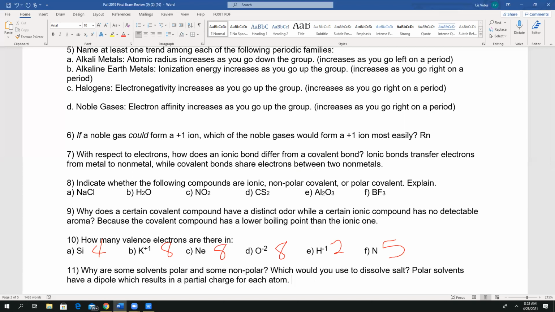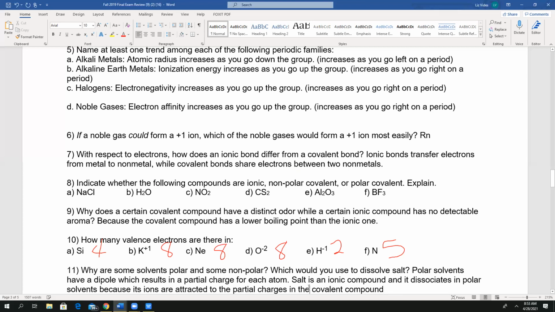Now, salt is an ionic compound, and it dissociates in water, in polar solvents, because its ions are attracted to the partial charges in the polar covalent compound.